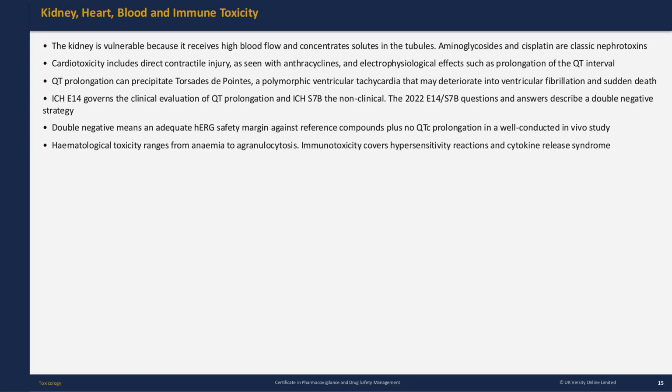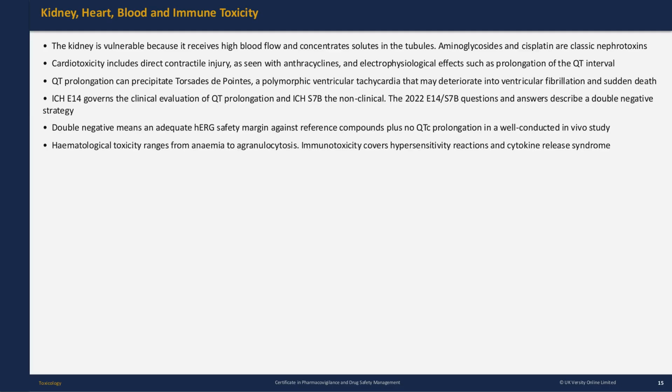Kidney, heart, blood, and immune toxicity. The kidney is vulnerable because it receives high blood flow and concentrates solutes in the tubules. Aminoglycosides and cisplatin are classic nephrotoxins. Cardiotoxicity includes direct contractile injury, as seen with anthracyclines, and electrophysiological effects, such as prolongation of the QT interval.